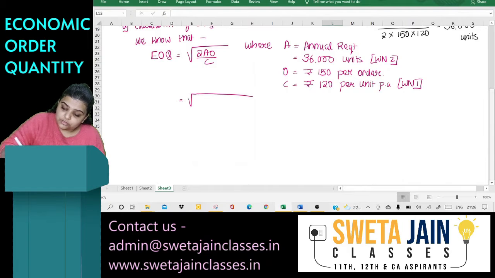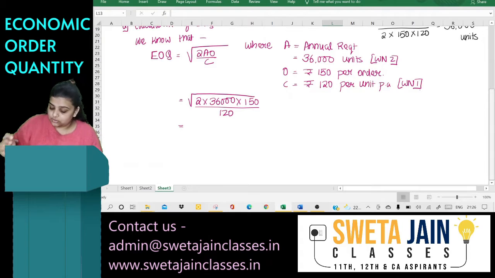So that is equal to root over of 2 into 36,000 into 150 whole divided by 120. So that is equal to 300. So 300 units is our EOQ.